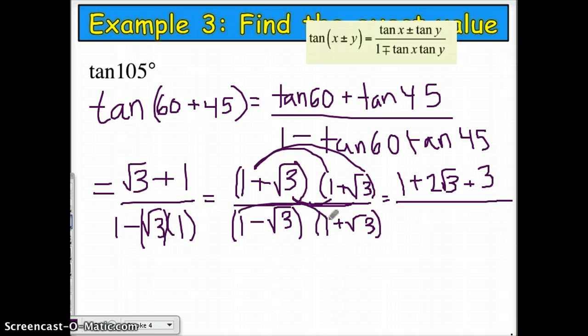Denominator, 1 plus root 3 minus root 3. Those will always cancel. That's what's always going to happen when you do conjugates. So they cancel out. Minus root 9, which would be minus 3. So over 1 minus 3. Keep cleaning it up. 4 plus 2 root 3.